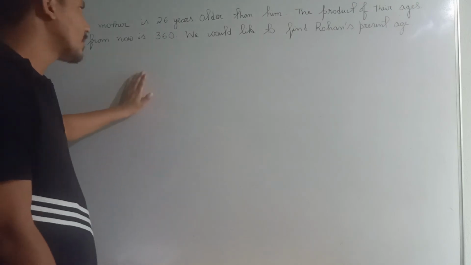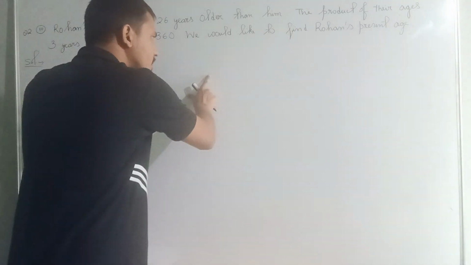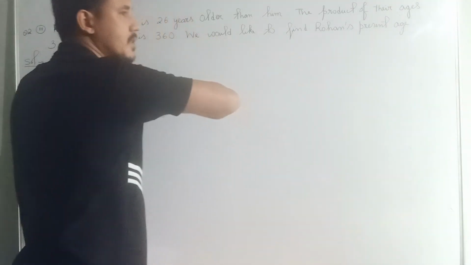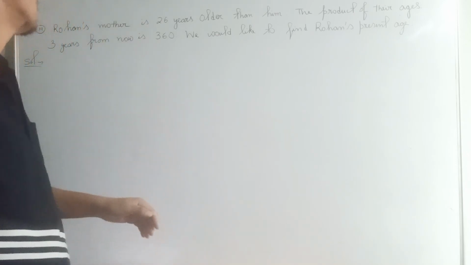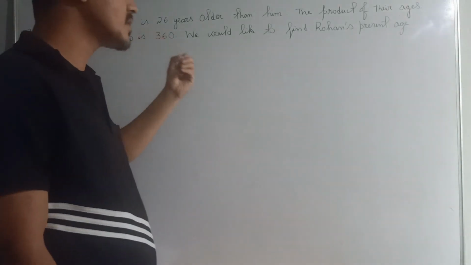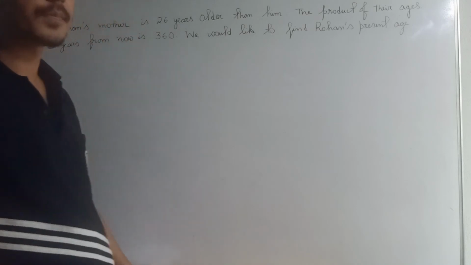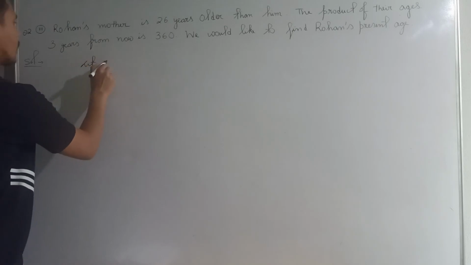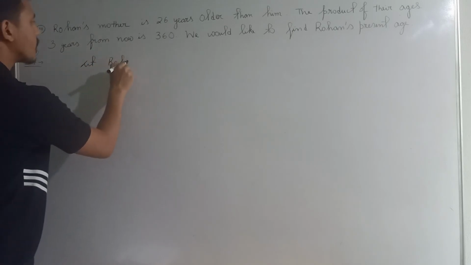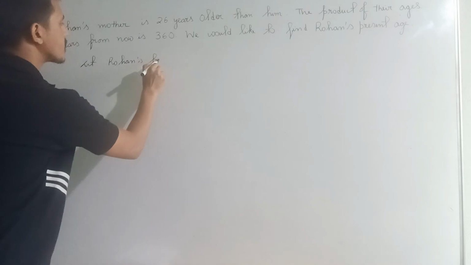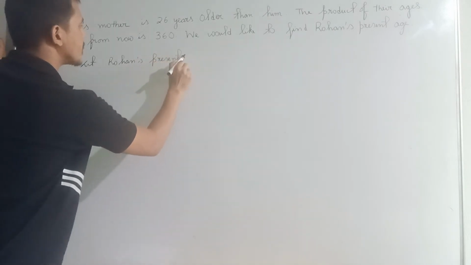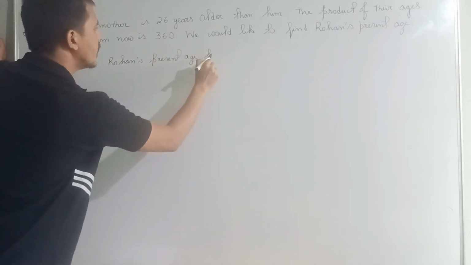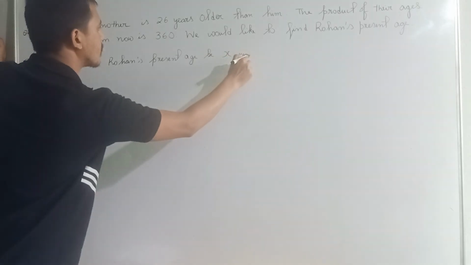That means if Rohan's age is X years, then his mother's age will be 26 years more than him. That would be equal to X plus 26, right? So I'm going to let Rohan's present age be X years.